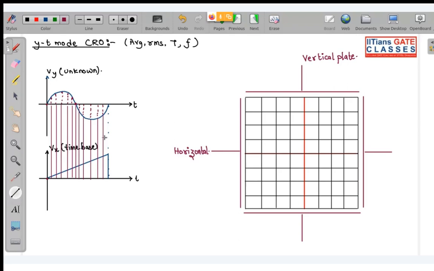We know this is the vertical deflecting plate, and this is the horizontal deflecting plate.